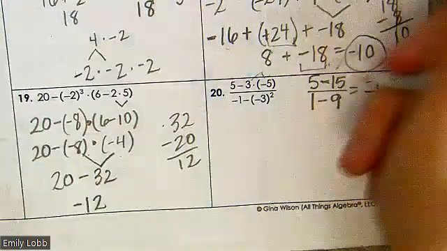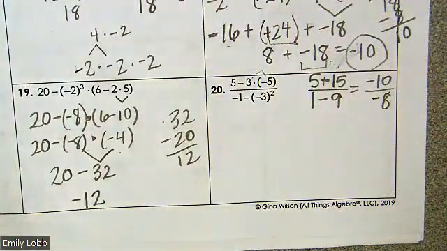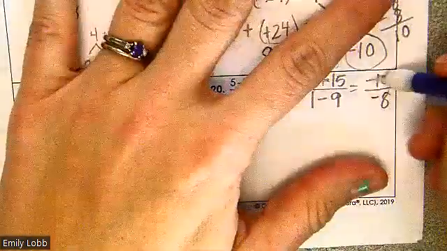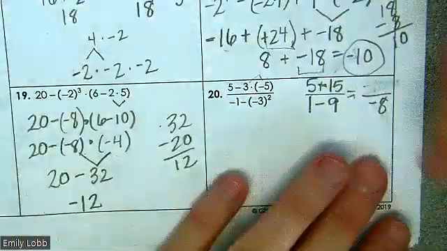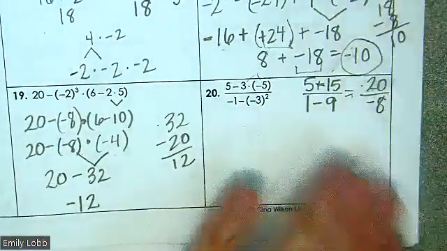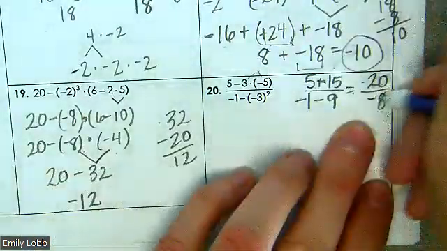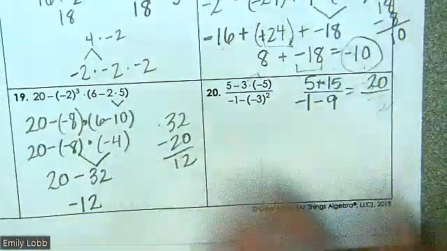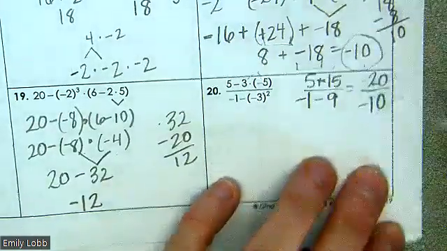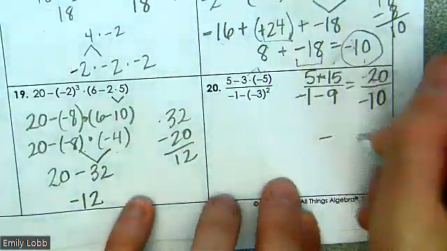Oh, I see. So this is 20? And this is a negative 1 minus 9, so this is negative 10. So our answer is then going to be negative 2.